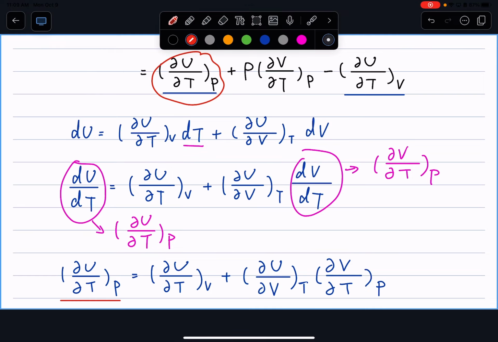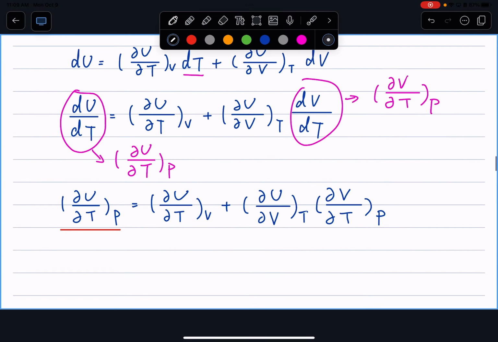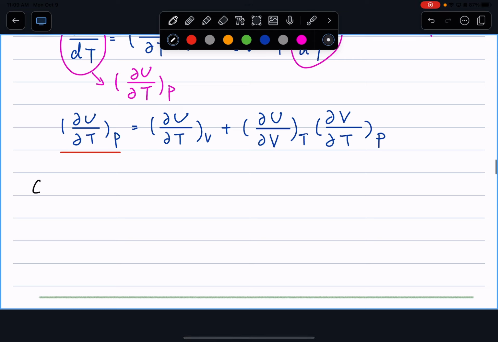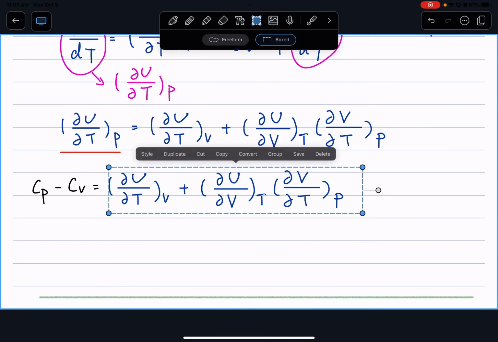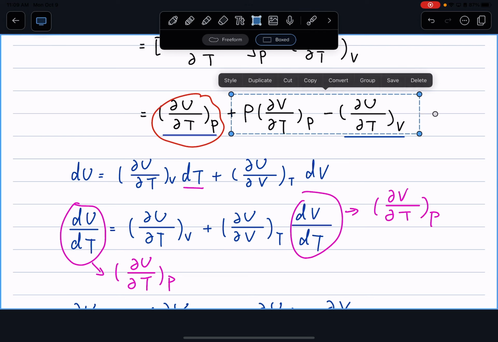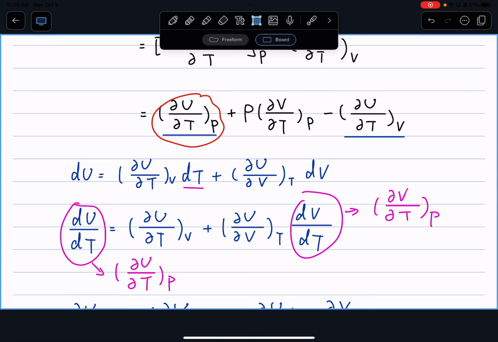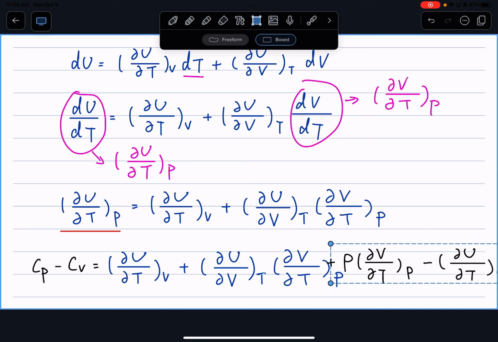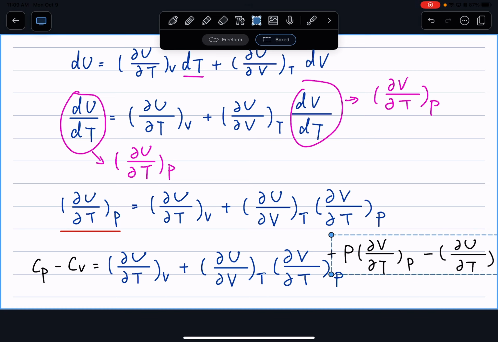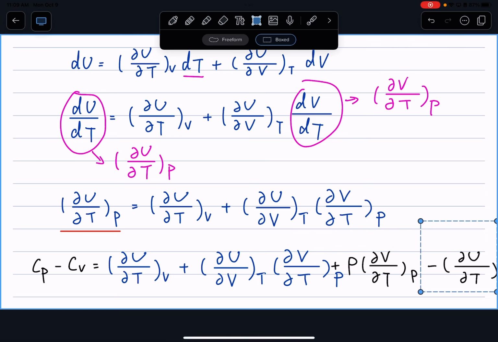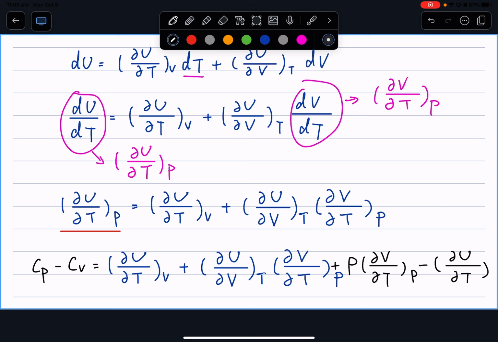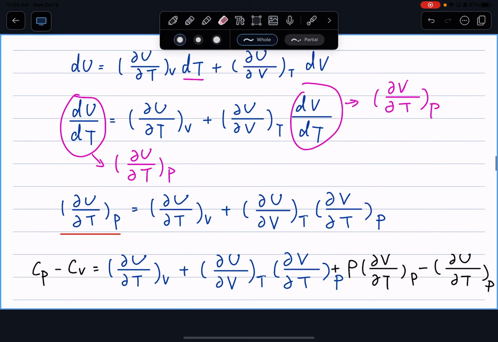So plugging it back into our Cp minus Cv relationship, we end up having this whole thing plus these two terms. A little bit running out of space, but you get the idea. That's V, sorry.